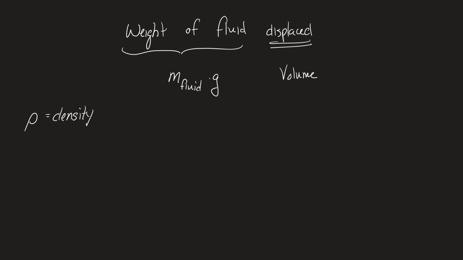For us, the symbol for density is lowercase rho. It's like a P without the hunchback. So you just write it as one continuous little thing like that, lowercase rho. And this is going to be mass per unit volume. If you do a little arithmetic, you'll see that mass equals density times volume.